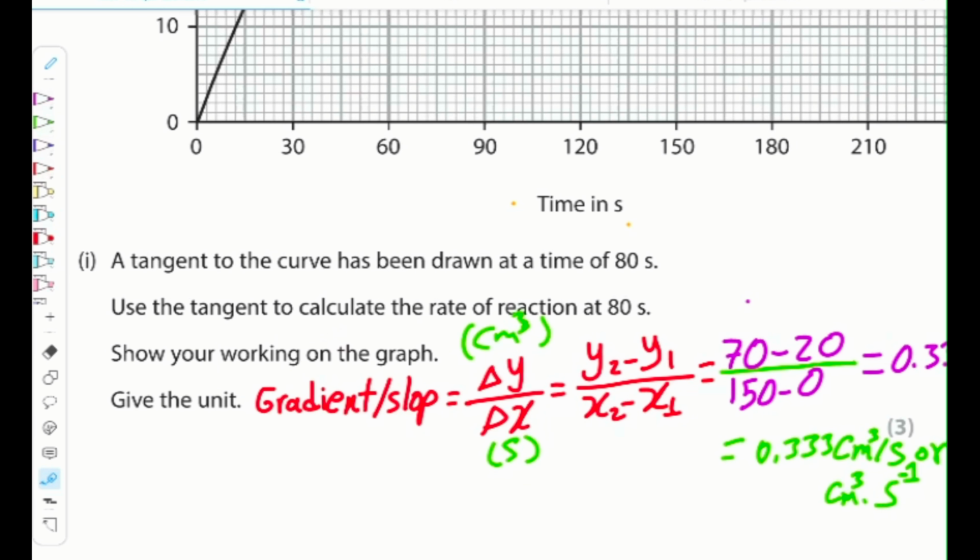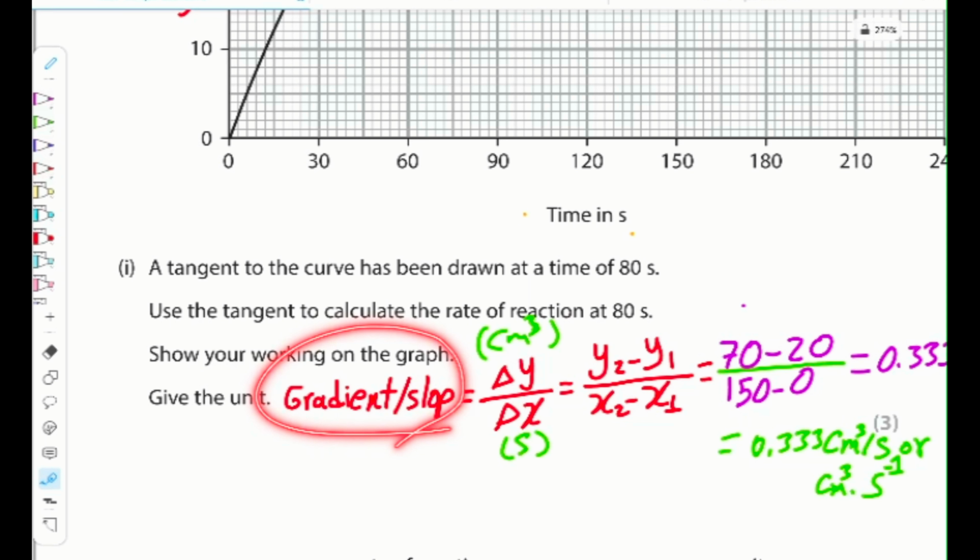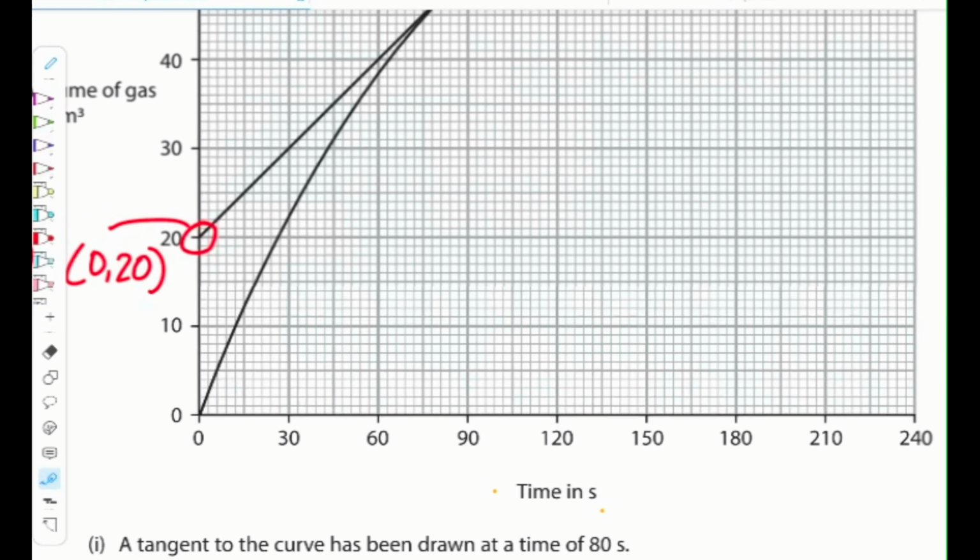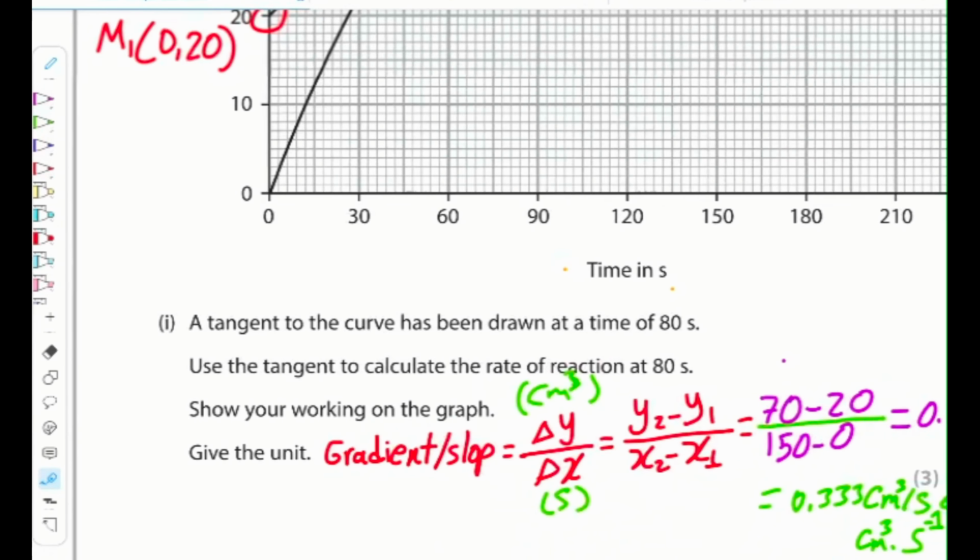Generally, the gradient, or the tangent, or the slope can be calculated from 2 points, the first point and the second point. You choose any 2 points on this gradient. I chose 2 points, using y2 minus y1 and x2 minus x1.